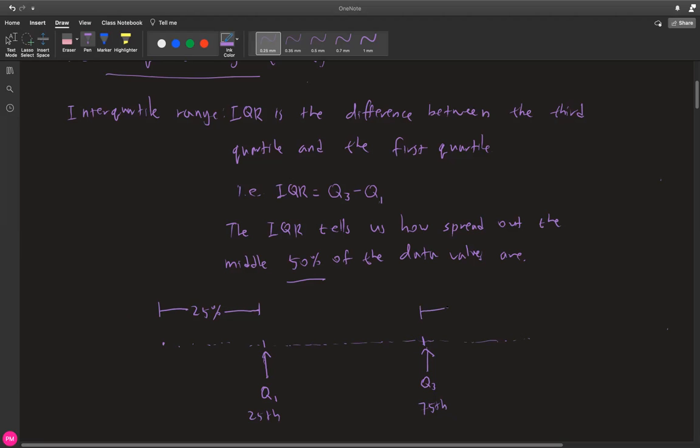In other words, the right-hand side is 25%. Because the entire data we're looking at is 100% of the data. This means that whatever is in between here is the 50% of the entire data. And I think that's very self-explanatory.